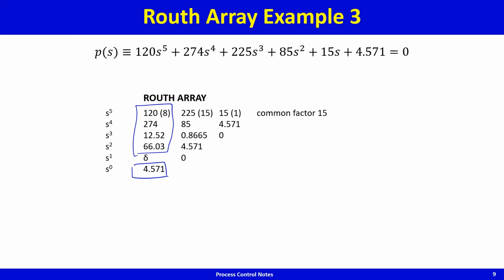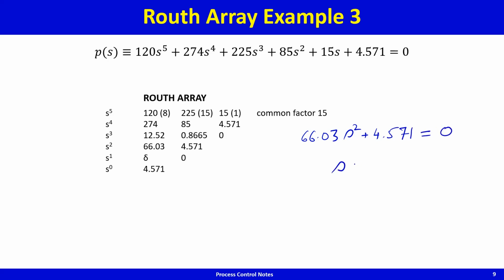Now this could be treated as a 0 row, and the auxiliary polynomial is 66.03 s square plus 4.571, and if I get the roots of this auxiliary polynomial, I'll have s equal to plus or minus the square root of 4.571 divided by 66.03, which is going to be plus minus j times, and I think I did the calculation but I forgot to write the root.